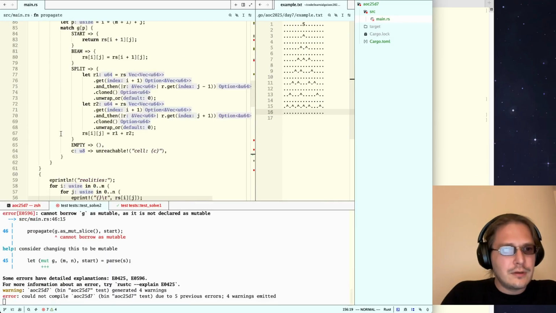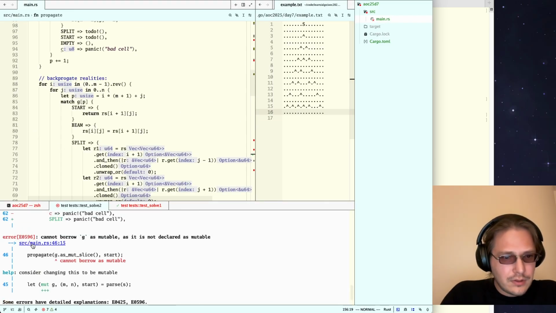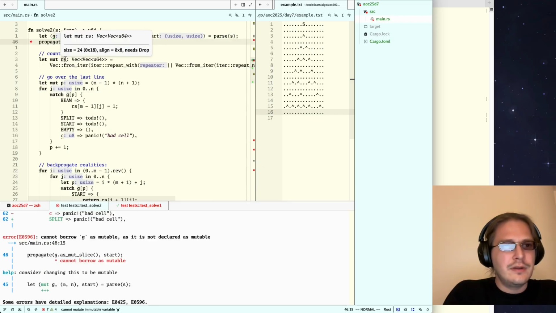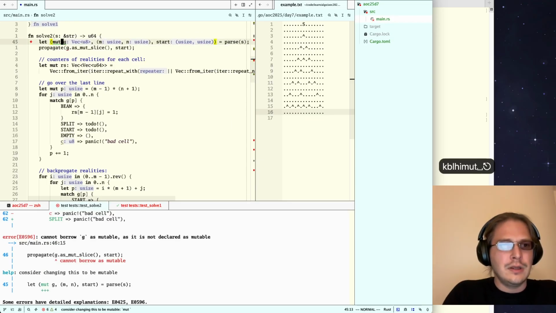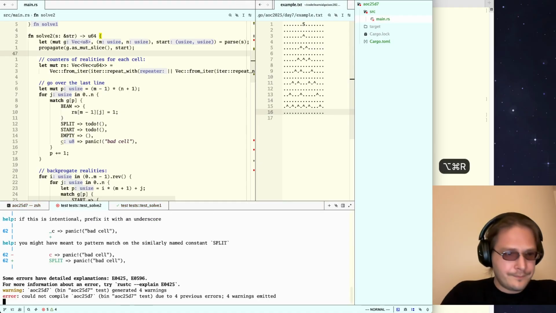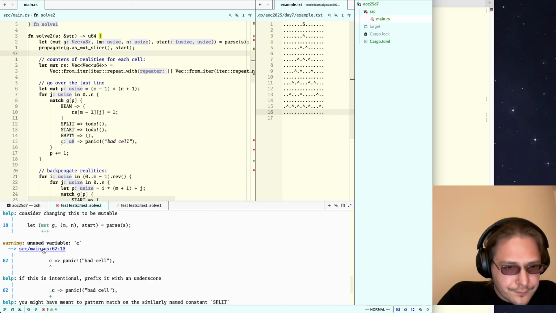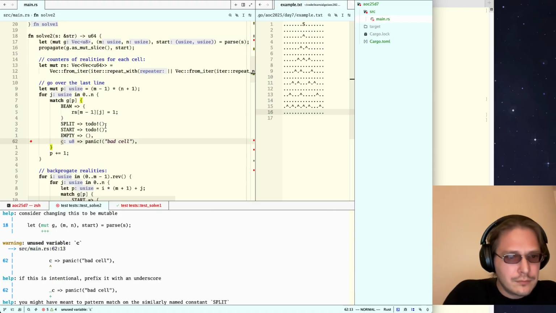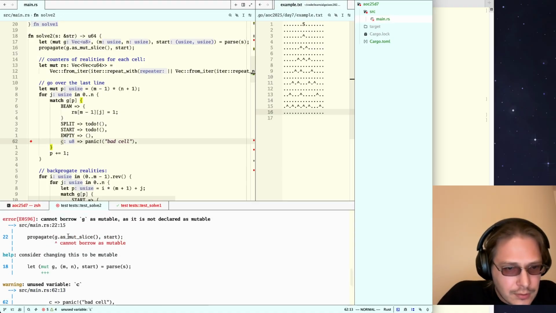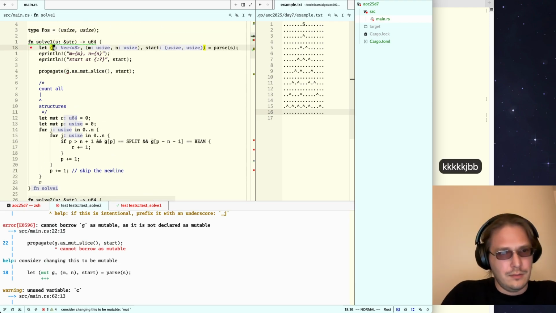Ah, yes. Mutable. Yes, cannot borrow is mutable. Definitely. I agree. Let's go on. Unused variable. It's just a warning. And this is again an error.